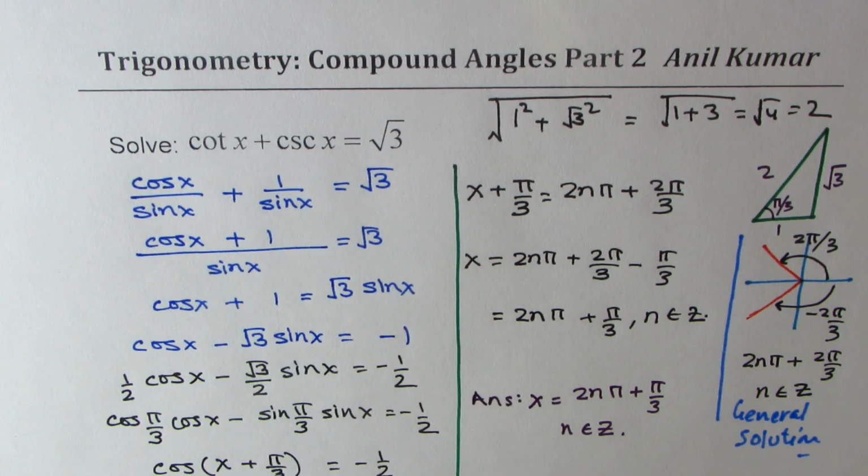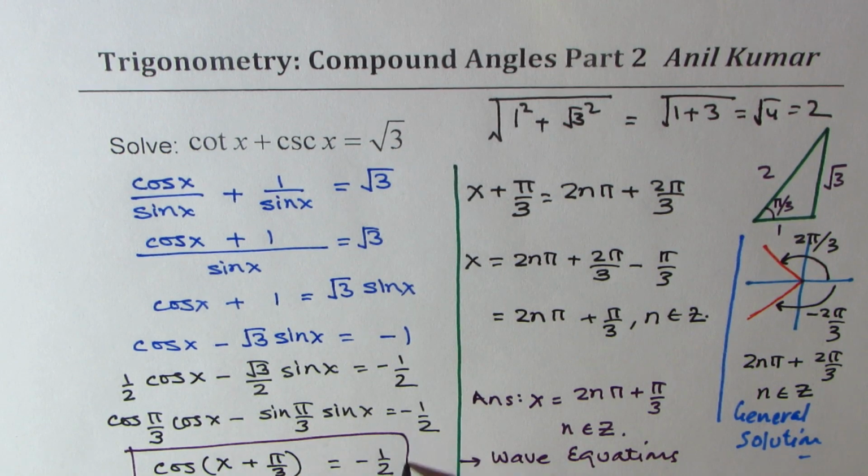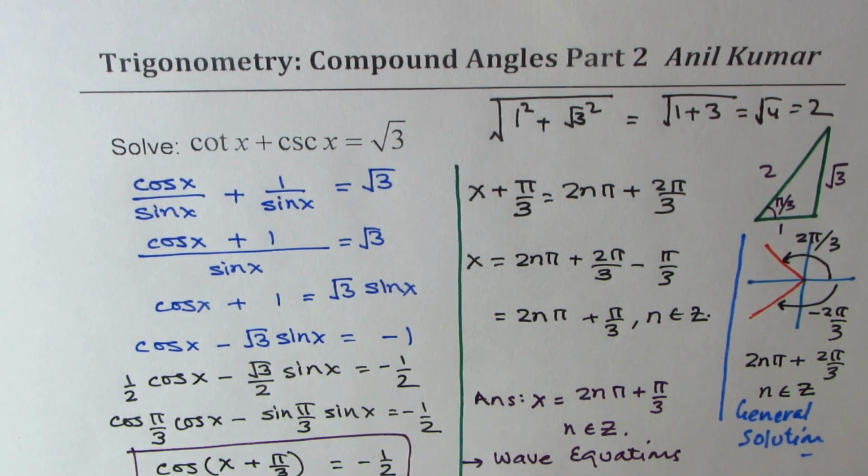Now this kind of equation at times we also call a wave equation, right? So I'll refer you to some equations which we call wave equations, and this form comes from there also.